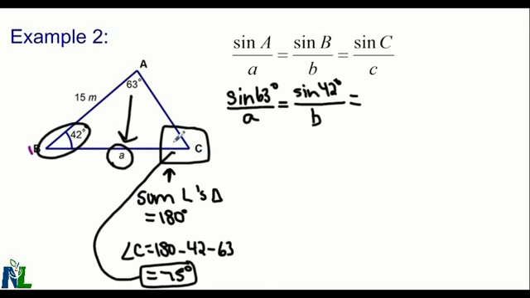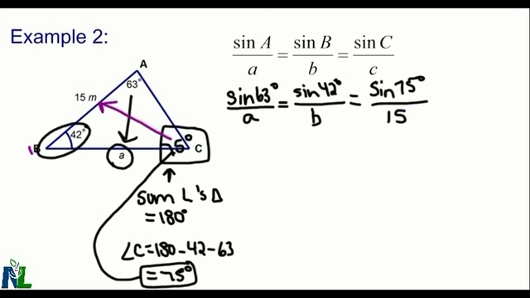measures 75 degrees. Now I'm going to fill that in to my law of sines, sine of 75 degrees, and side C is the side that is straight across from angle C, and that side length is 15. So I'm going to write in 15 right here.